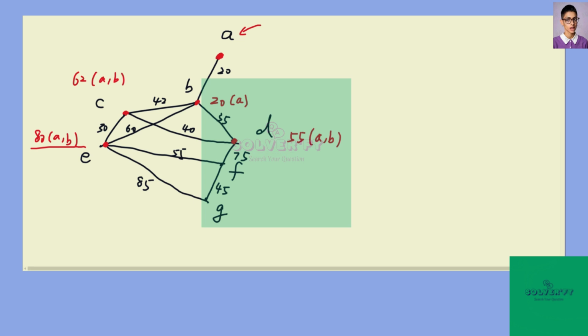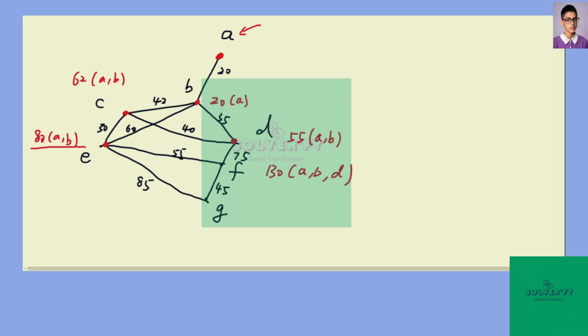And then we can go check out F. From F, we can either go from D or go from E. If we choose to reach F from D, the path will be 135. If we choose from E, it would be 130. So 130 is smaller, and we can get what we want.